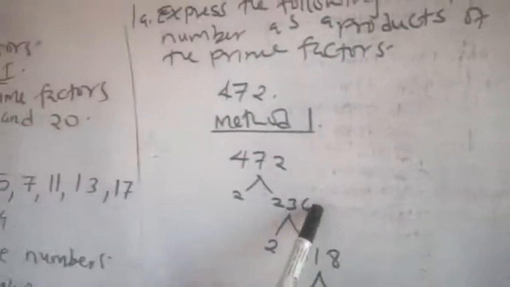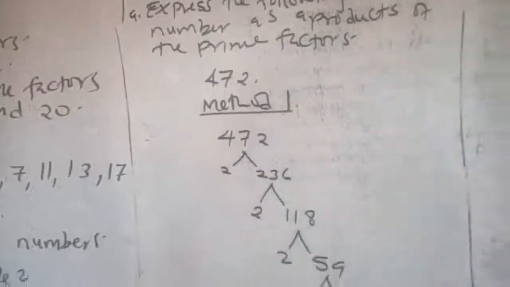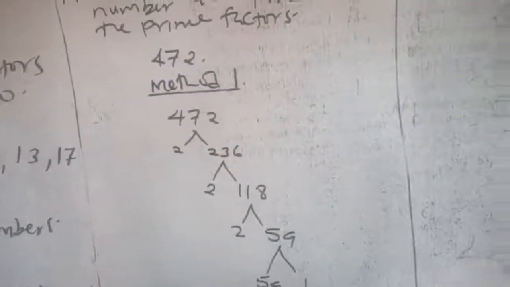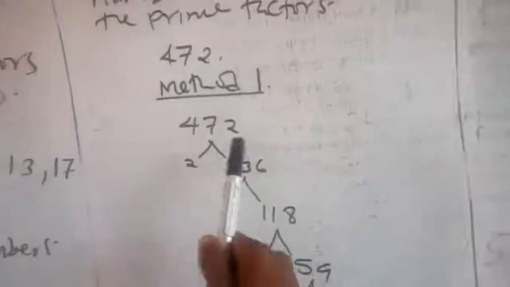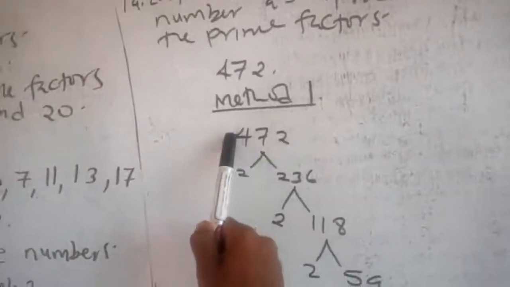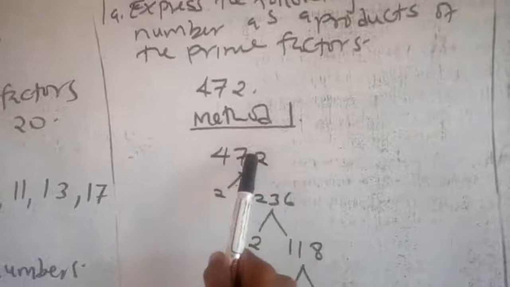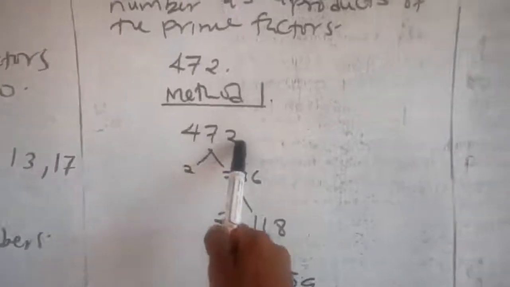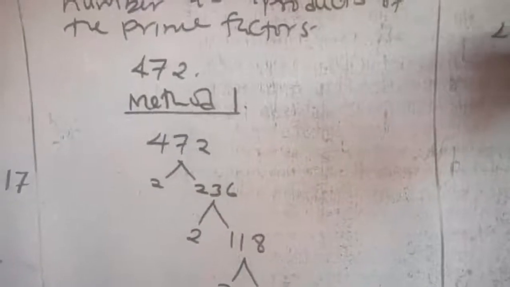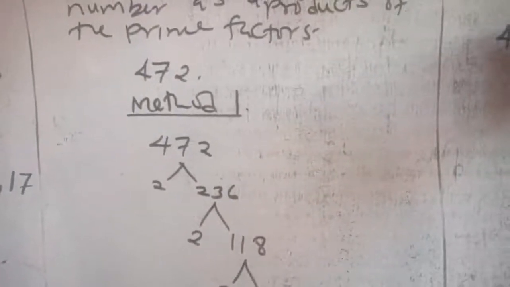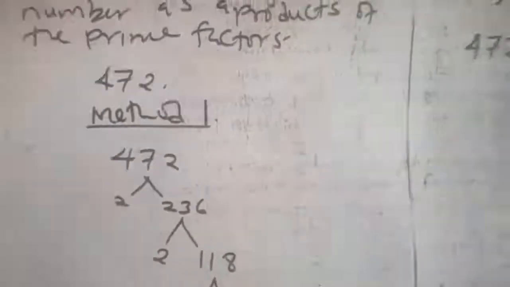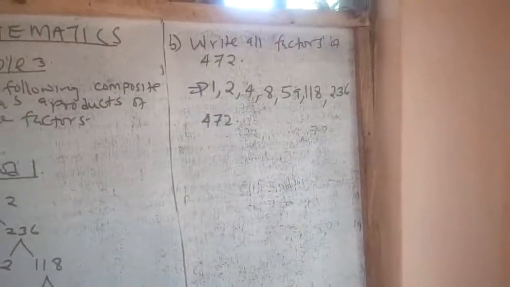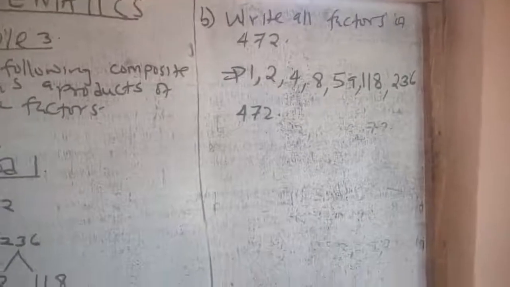You can see it is well illustrated here. And from there, you will come to the last one, which is 472, because if you multiply 472 by 1, you'll get 472. Those are all the factors of 472.